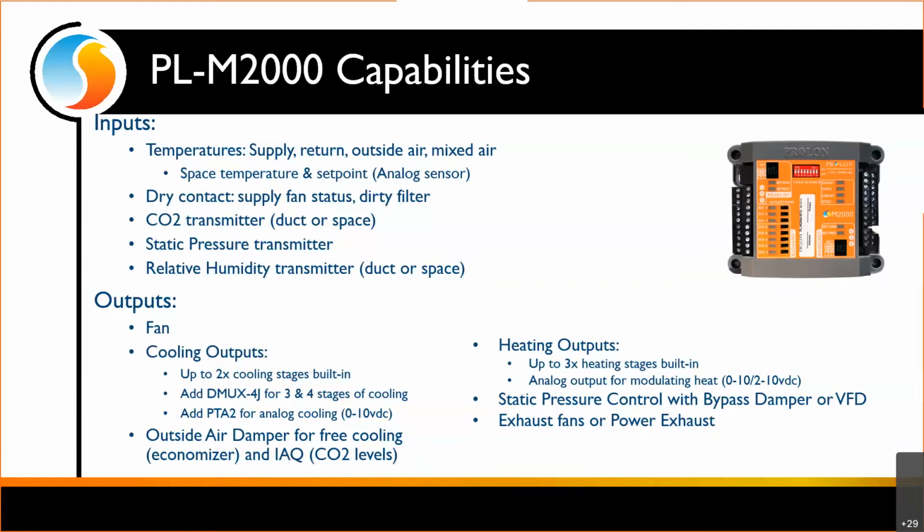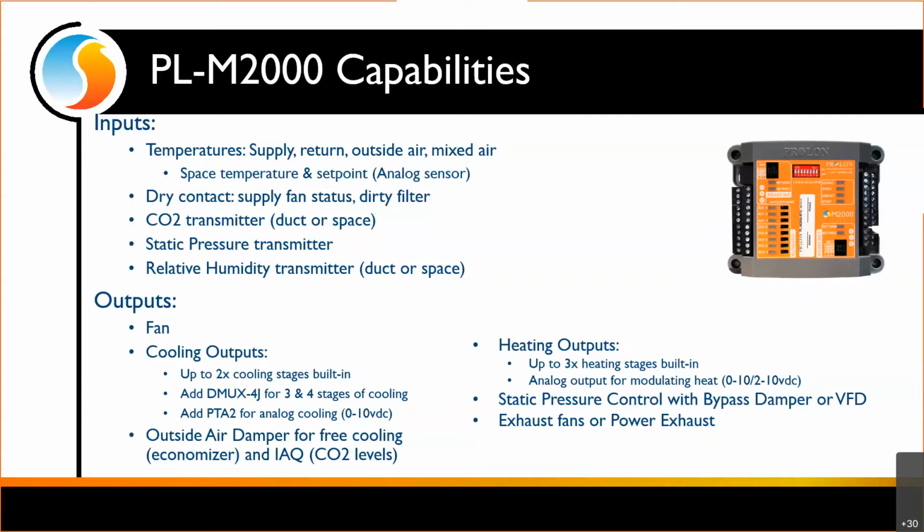So on the outputs, well, we have a bit more choice because instead of the 5 outputs with the C1000, now we have 8 outputs on the M2000. So we have a dedicated output for the fan. We've got 2 outputs for cooling. We have the same setup in that we can activate up to 3 or 4 stages of cooling using that demux converter from ACI, or if we want an analog cooling signal, we just use the PTA2, so that remains true for the M2000 as well.